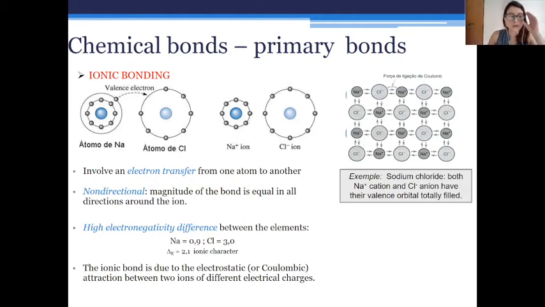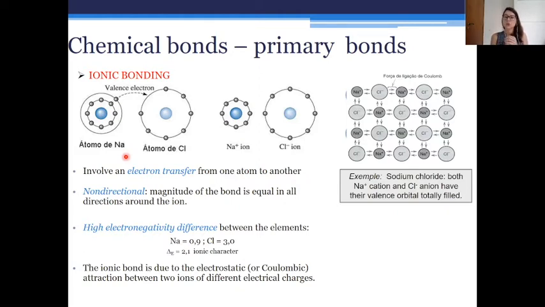Do you remember the electron configuration of sodium and the electron configuration of chlorine? We said that sodium is willing to give a valence electron in order to be in a stable electron state, whereas chlorine is more willing to gain one electron.